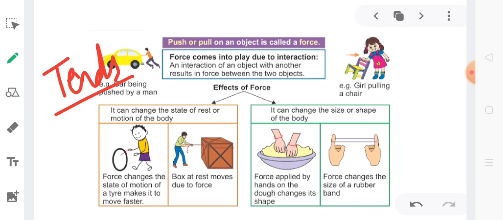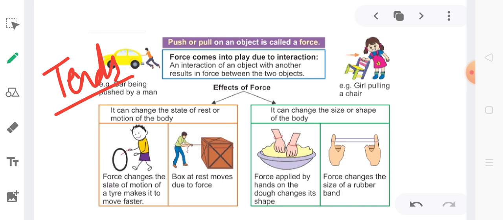So that's why you can see that it is written, it can change the state of object or motion of the body. Sometimes I find students writing down, when they're asked to write down the possible effects of force, they write down force brings the change in state.